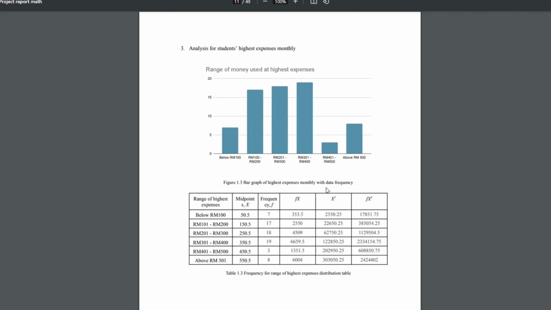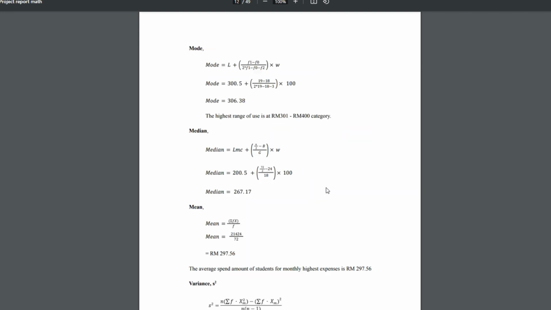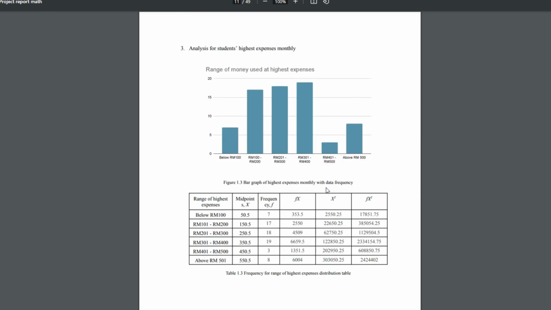For the third analysis, we looked at students' highest monthly expenses. The average here is 297 ringgit 56 cents, and the median for the dataset is 267 ringgit 70 cents, which falls in the 201 ringgit to 300 ringgit class range.